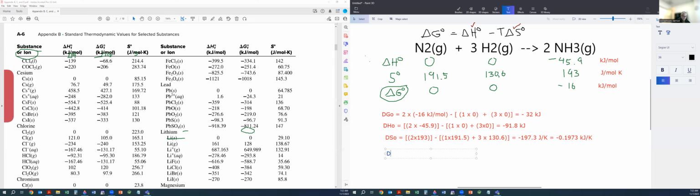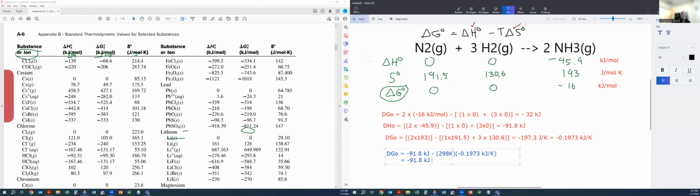So I'm going to have here delta G naught, because it's going to be from these, equal to delta H, negative 91.8 kilojoules, minus 298 Kelvin times negative 0.1973 kilojoules per Kelvin, equal to negative 91.8 kilojoules minus 298 times 0.1973.